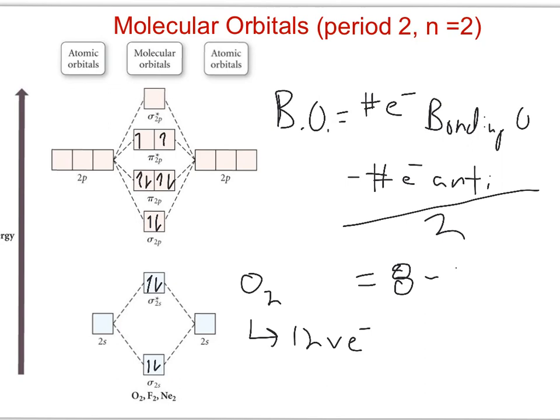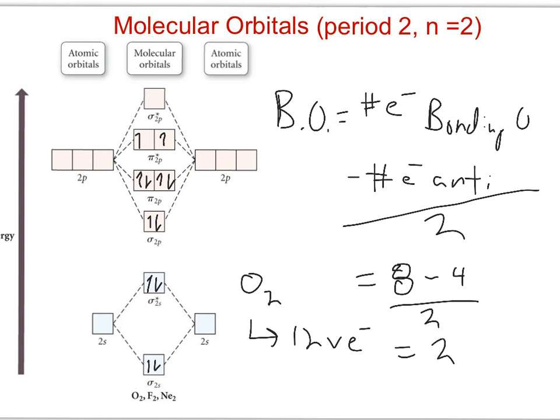And there are going to be 4 in antibonding, divided by 2. 2, 3, 4 in antibonding. Those sum to 12. And our bond order is 2.